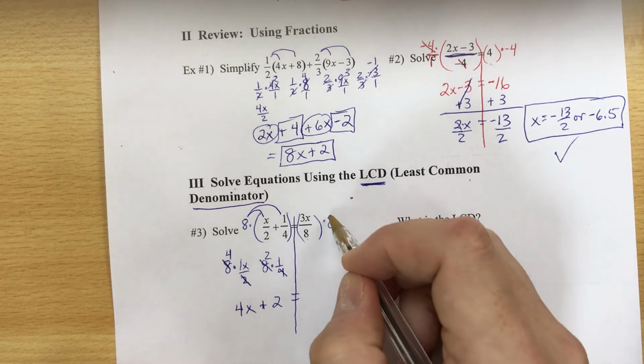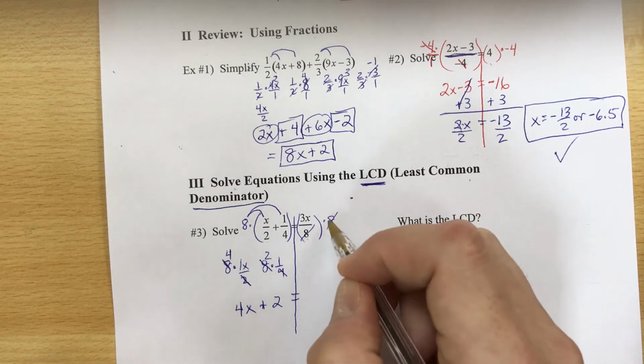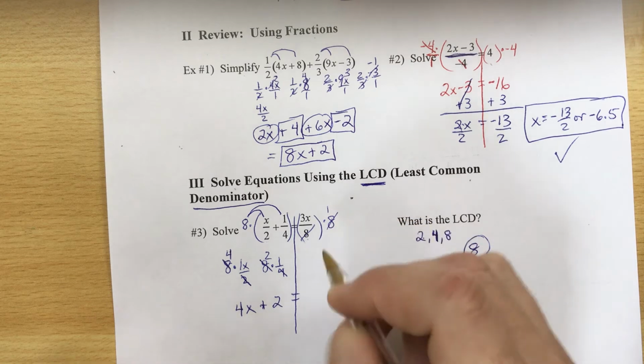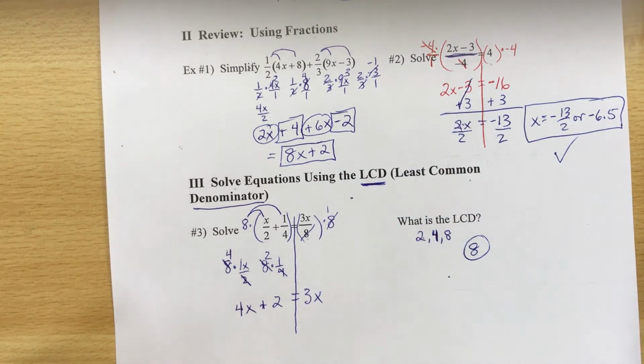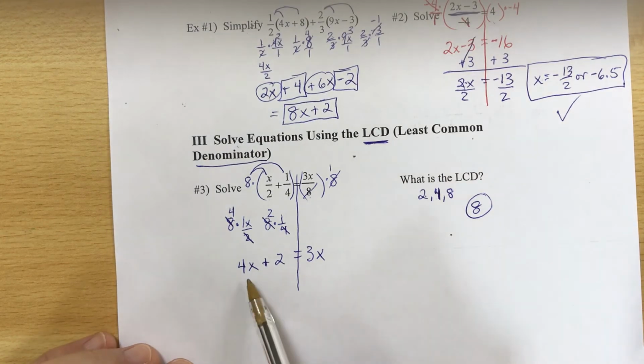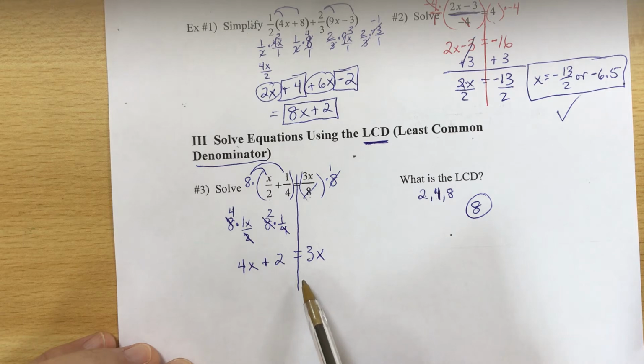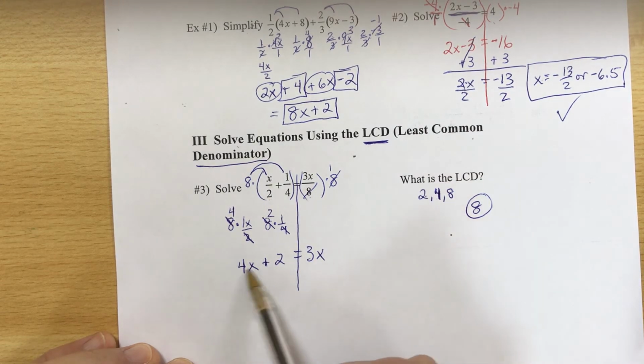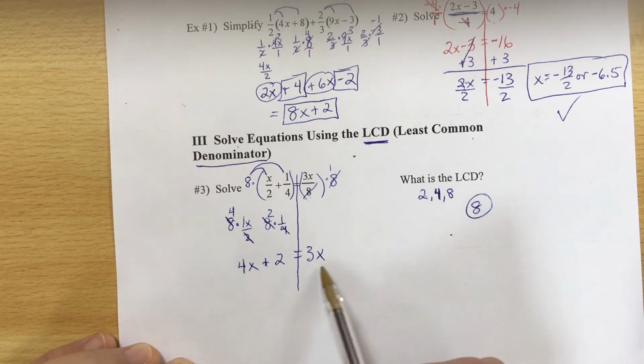Now here we multiply by 8, but let's divide first. 8 divided by 8 is 1, so it's just 1 times 3x, which is 3x. And look at what happened. Your fractions are now gone because we've reduced all of them to 1. This is 4x over 1, 2 over 1, 3x over 1.